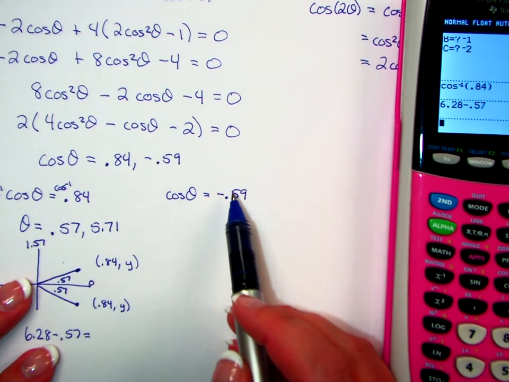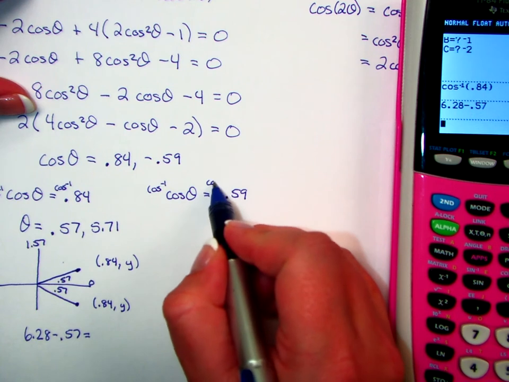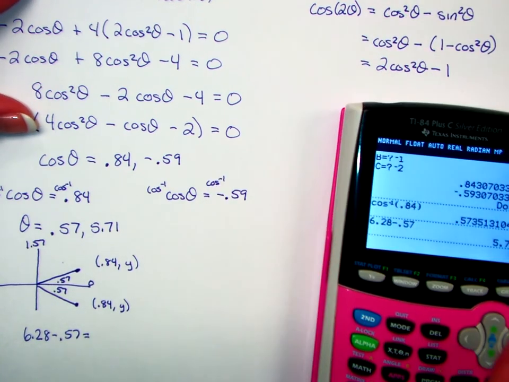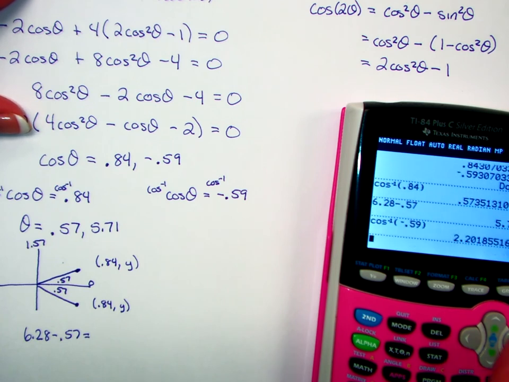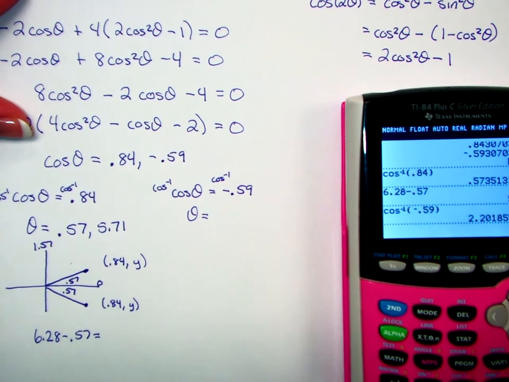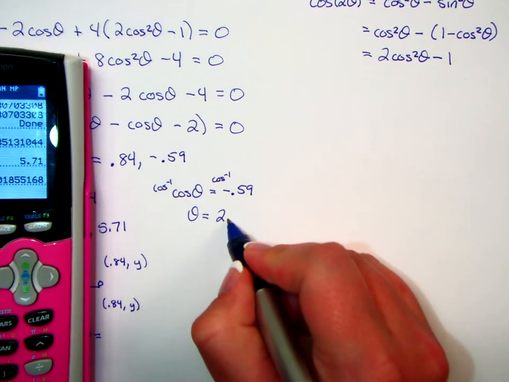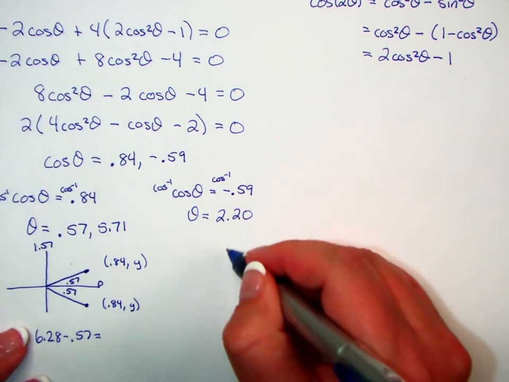Cosine of theta is -0.59. So I am going to cosine inverse both sides to get that first angle. If I do cosine inverse of -0.59, I get an angle 2.20. So theta equals 2.20. Where is that?